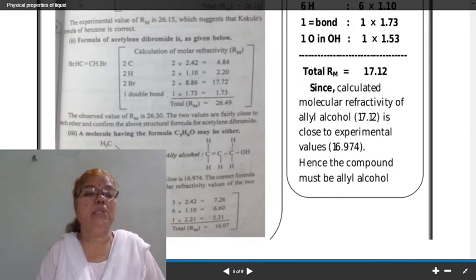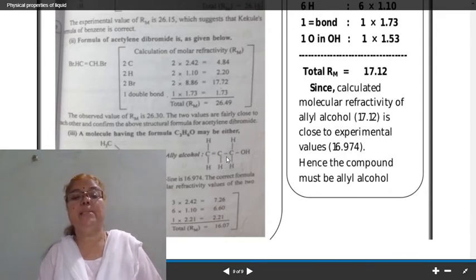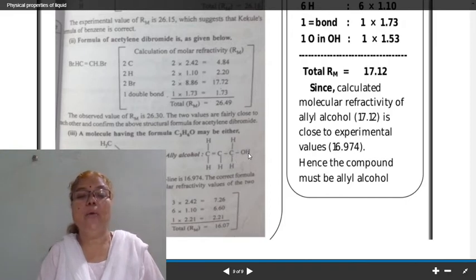This is the structure of acetone, and here the allyl alcohol, it has this formula C double bond CH2 CH and CH2. That means in this structure there is one OH group, then CH2 and CH2, and they are connected with the middle carbon atom by double bond, and here it is single bond.